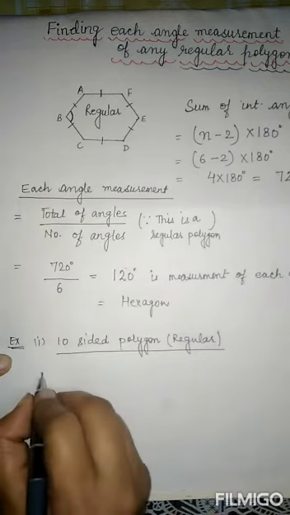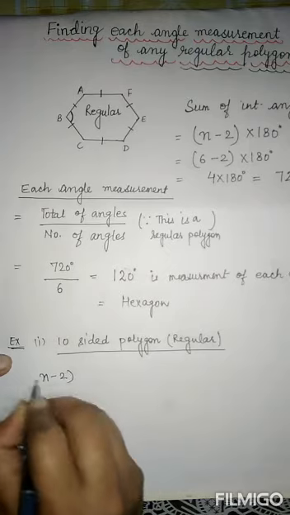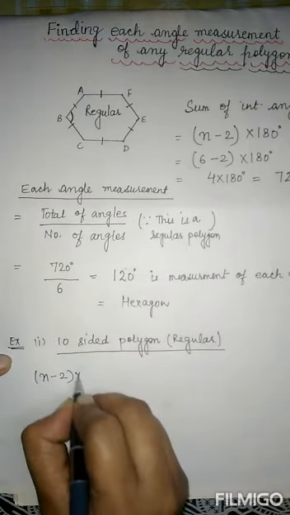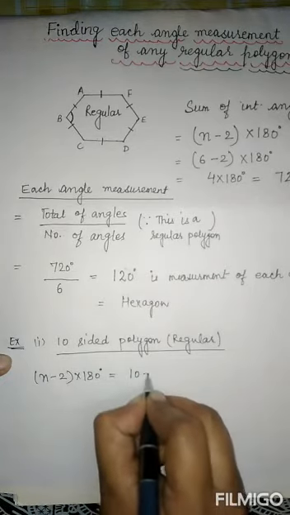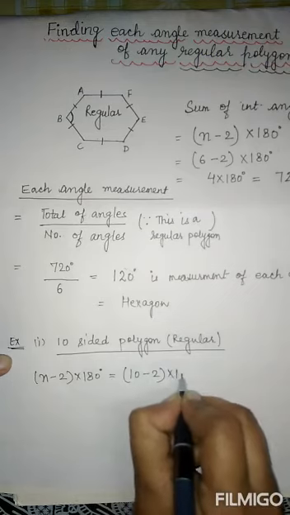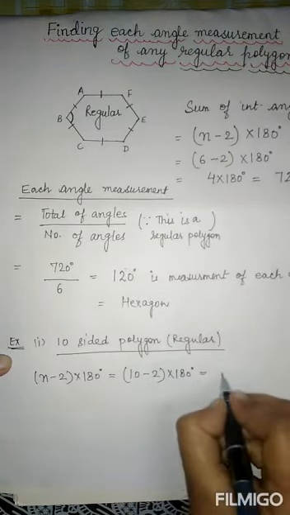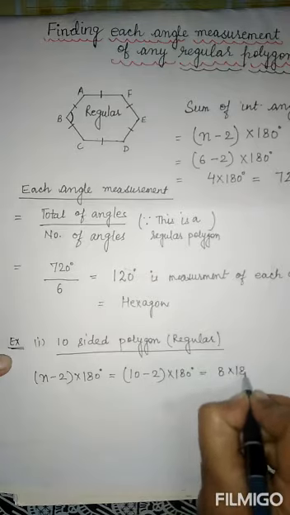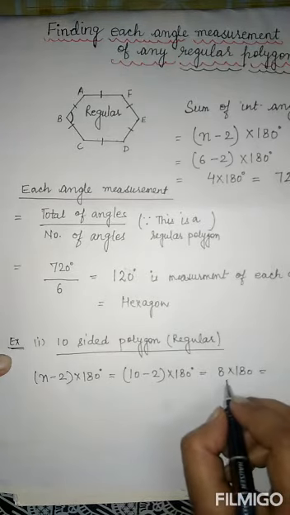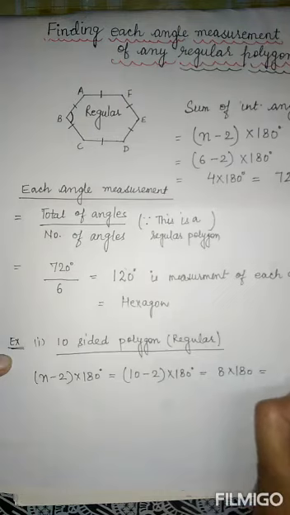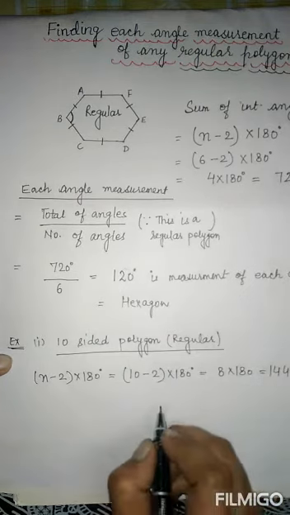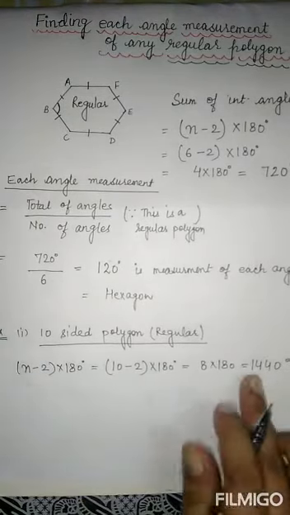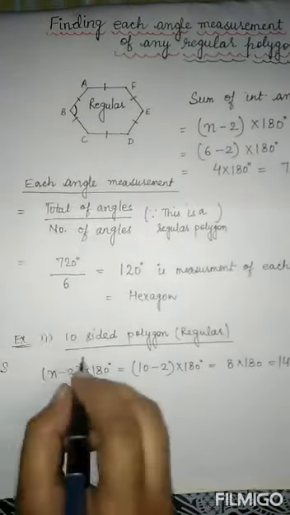So n minus 2, first of all we will find the total sum of interior angles. The number of sides is 10, minus 2, multiplied by 180 degrees. When we subtract, we get 8 multiplied by 180 degrees. Let us multiply. 8 0s are 0, 8 8s are 64, 4, 6 carry, 8 1s are 8 and 6 is 14, so 1440 degrees.